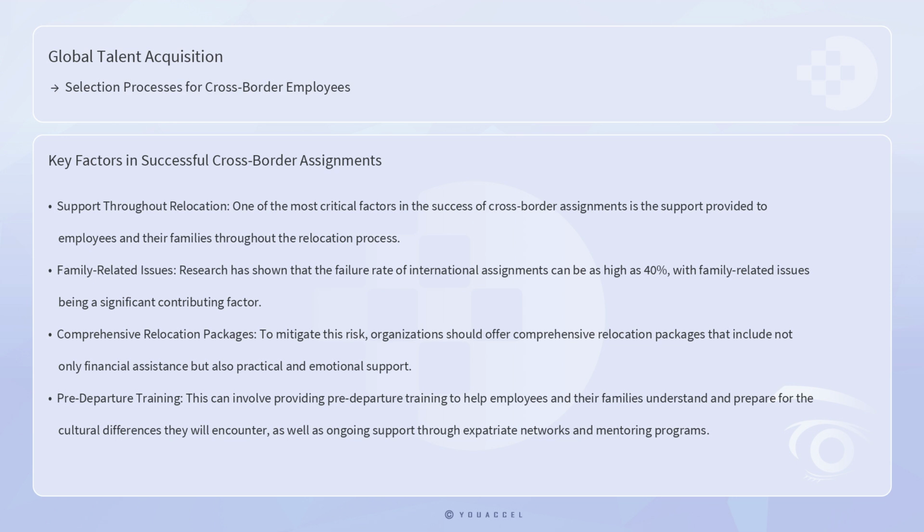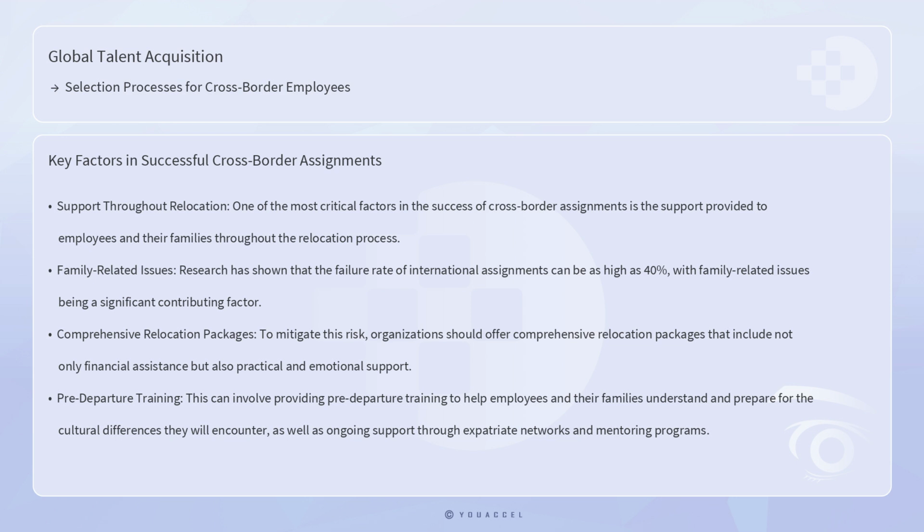One of the most critical factors in the success of cross-border assignments is the support provided to employees and their families throughout the relocation process. Research has shown that the failure rate of international assignments can be as high as 40%, with family-related issues being a significant contributing factor.